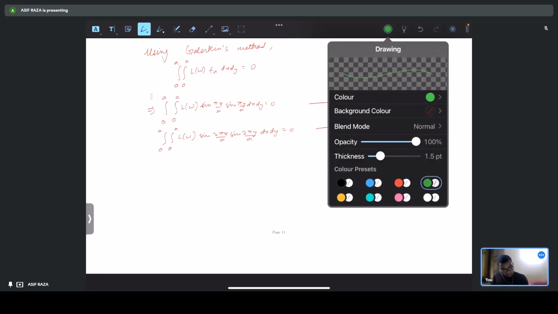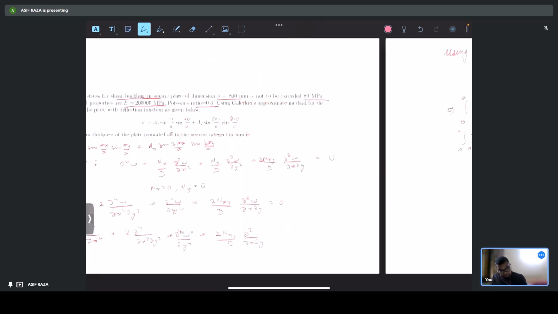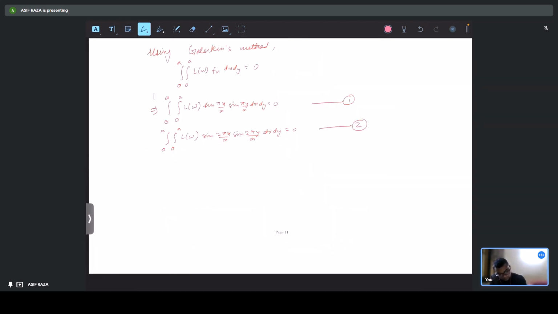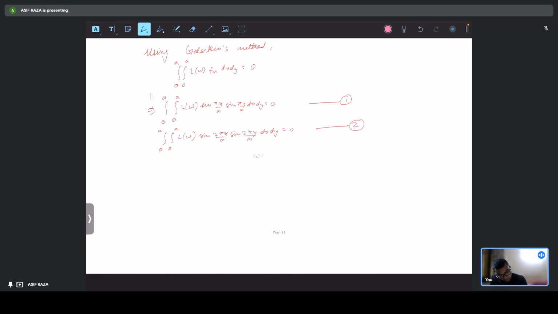So let's solve this one. Okay, so we need to find these 4 steps. We are given that W is equal to a1 sin pi x by a sin pi y by a plus a2 sin 2 pi x by a sin 2 pi y by a, right?